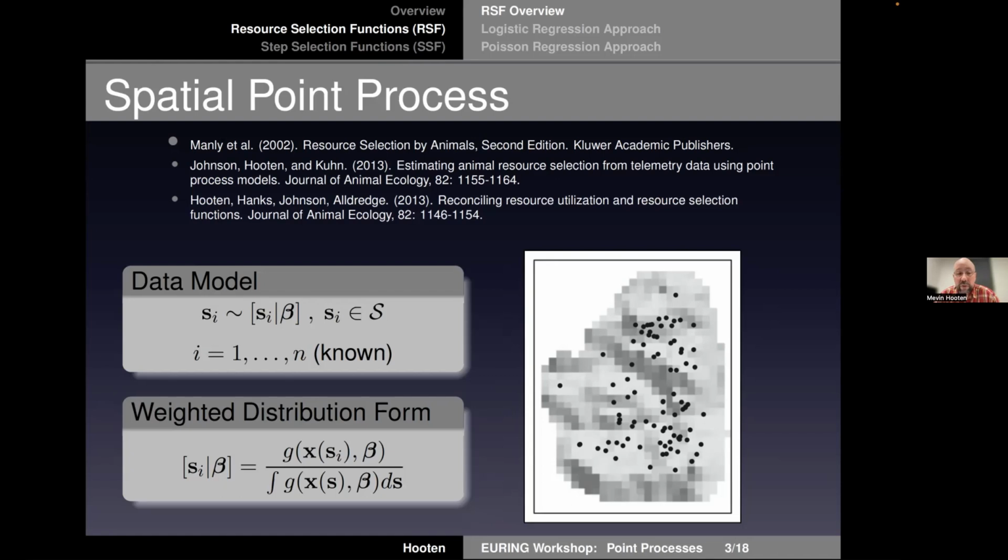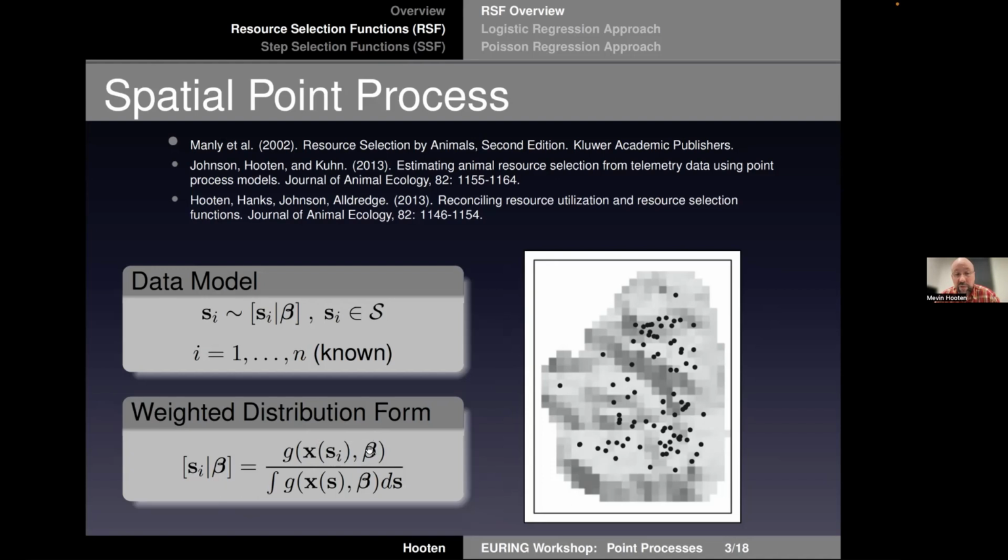So things related to habitat are obvious choices, but a lot of times people use GIS-derived variables like elevation and slope and aspect and percent forest cover and other things. So you can think about X as like in a regression setting, it'd be like your design matrix, the variables associated with predicting the response. So E to the X beta is what we're looking at here for G in the most common setting.